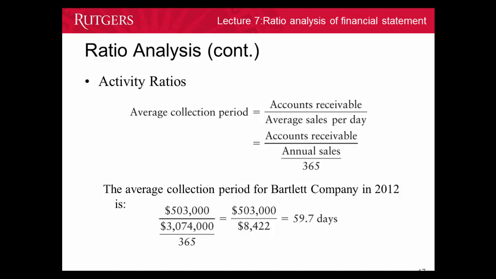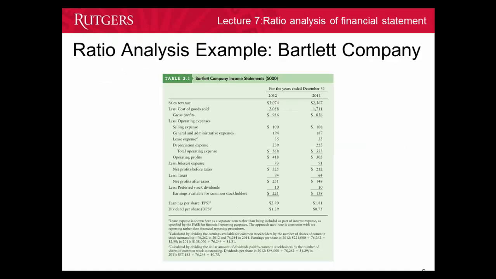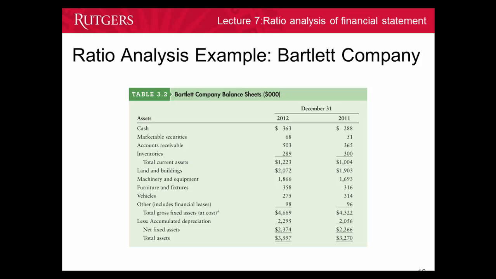So we need to find annual sales, and this can be found on the income statement. So the sales revenue is 3,074,000, and we divide this by the number of days in a year. We obtain 8,422. And again, we can find the account receivable information on the balance sheet under assets.